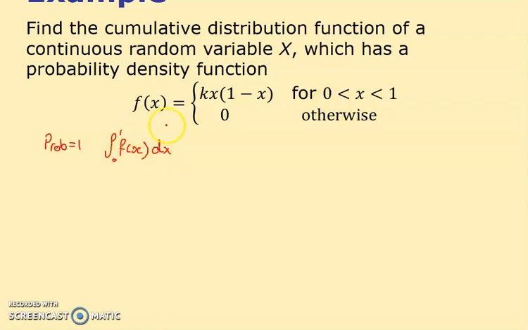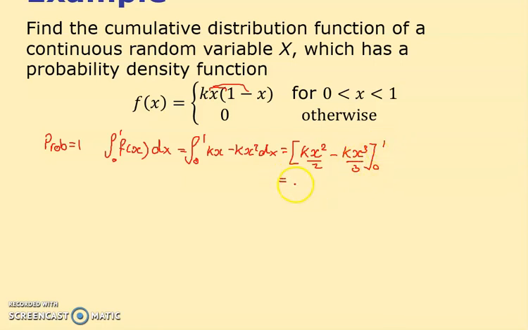So if I integrate between 0 and 1 of my function, which is kx(1 - x), now if I multiply it out, I get kx minus kx squared dx. I therefore get, add a power and divide by the power, kx squared over 2 minus kx cubed over 3. And it tells me to put in 0 and 1.